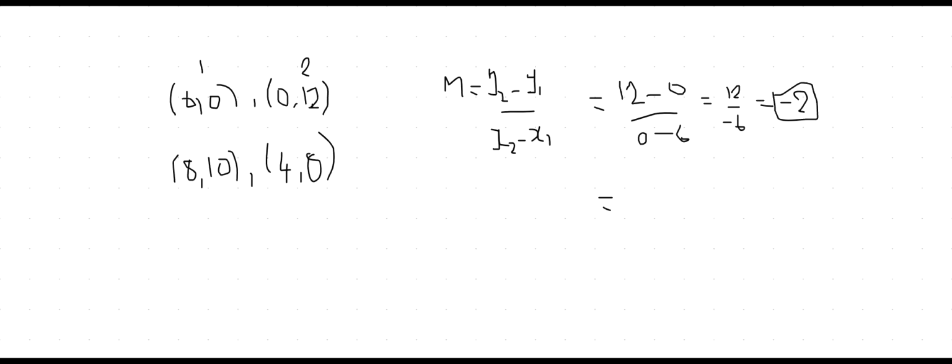y2 is 8, y1 is 10 over x2 is 4 minus 8, which is x1. 8 minus 10, sorry, is -2. 4 minus 8 is -4.